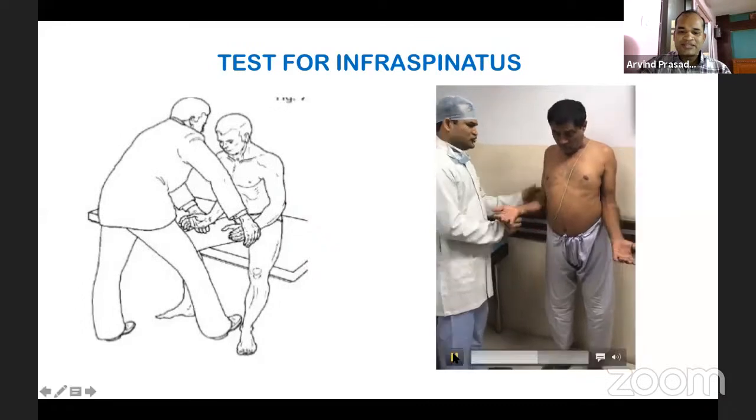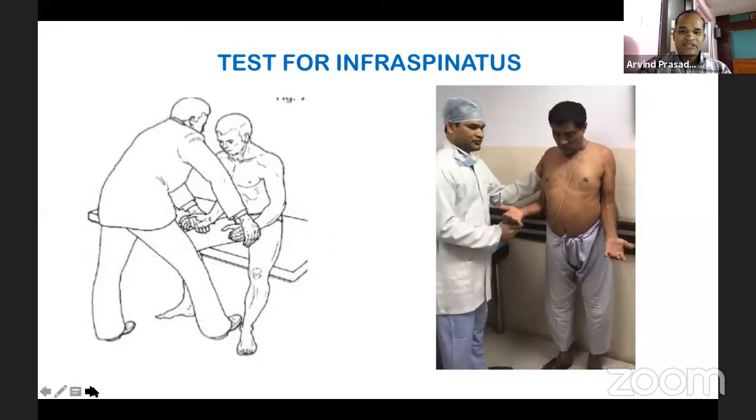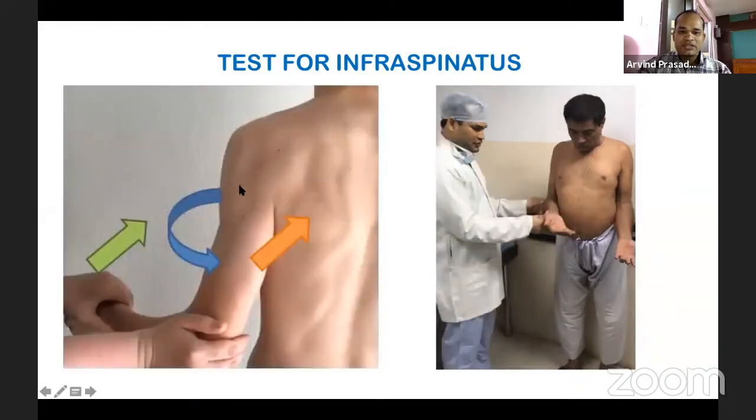But in this sidewise placement of the shoulder joint, the external rotation at this position is also done by the posterior part of the deltoid. So to remove the effect of the posterior part of the deltoid, the arm is placed in 90 degrees of abduction, and the elbow is flexed at 90 degrees there.